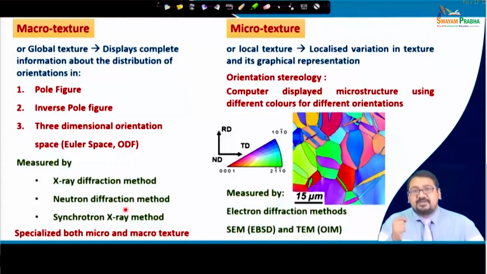Such X-ray beams have very high penetration depth as well as very high spatial resolution. So, they become very specialized to obtain both microtexture and macrotexture information depending upon the equipment that we are using.